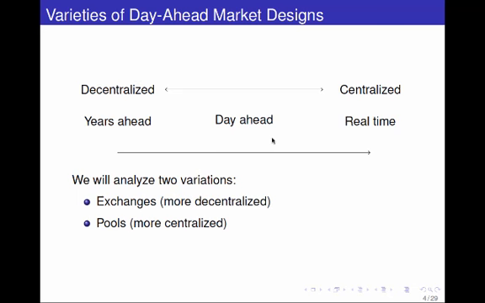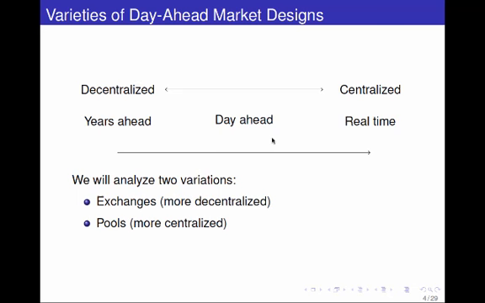And the way we design a day-ahead market is sitting somewhere in between a very centralized auction and a very decentralized bilateral trade format. Different countries, different markets do it different ways, and I'll show you different varieties of this. So there's a big debate about how centralized, so how much the day-ahead market should be controlled by auction prices like the real-time market, or we should just let people trade bilaterally in the day-ahead market like we do in forward.